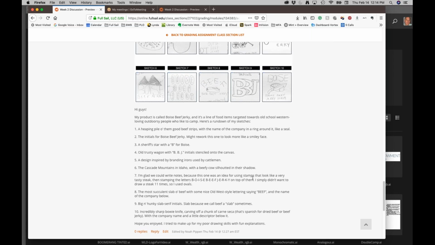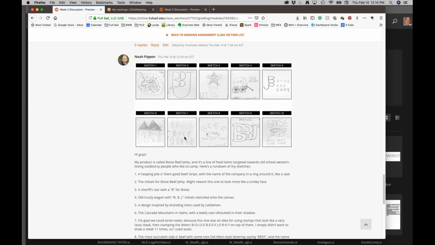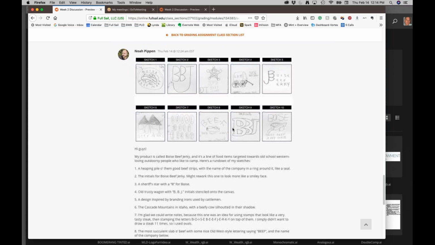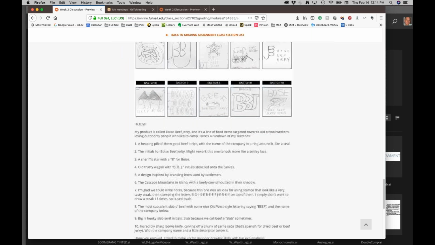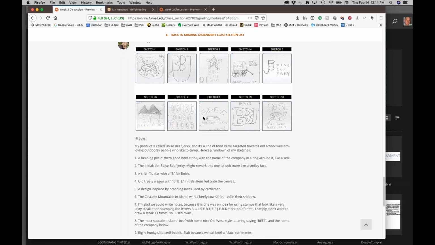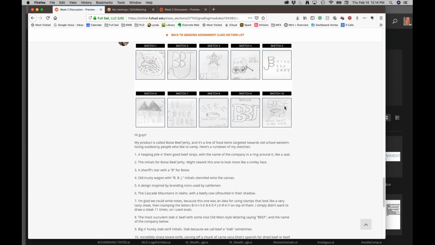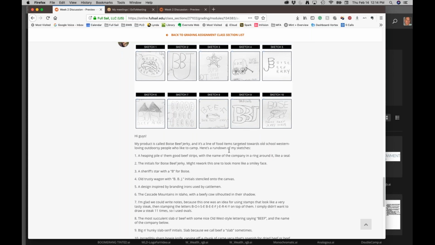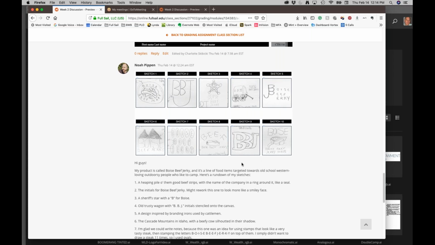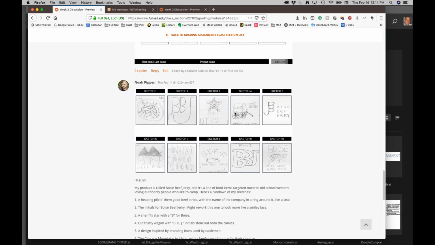One idea of using stamps that look like tasty steak. I'm not sure that's going to work. Number 8, a slab of beef. The initials and cutting off strips. All right, so no more word marks, no initials. Chuck wagon works. The sheriff star perhaps works.